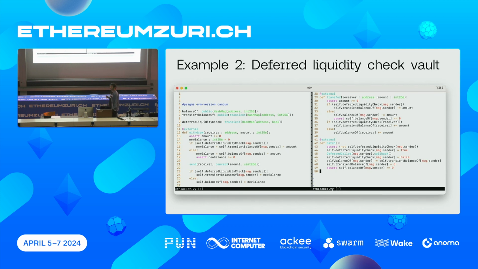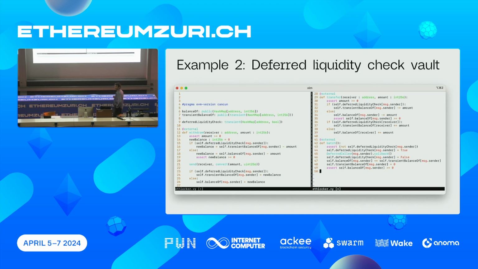So we can defend against reentrancies, but now functions such as send and transfer have to be double-checked if you are using transient storage. What happens here is that we've got a deferred liquidity check option. This is a vault that can do operations.